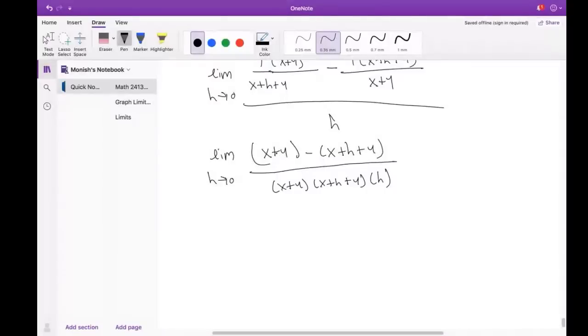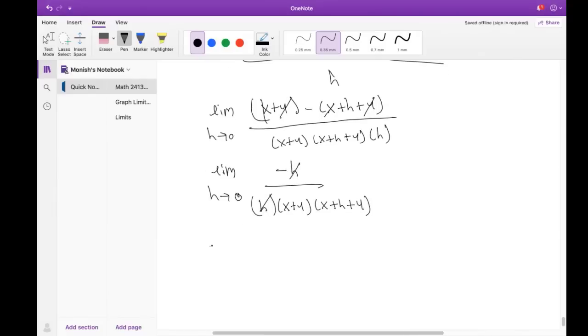Now you can simplify. So x cancels, the 4 cancels. Now you're left with just negative h over x plus 4 times x plus h plus 4. Now you know these two h's will cancel.